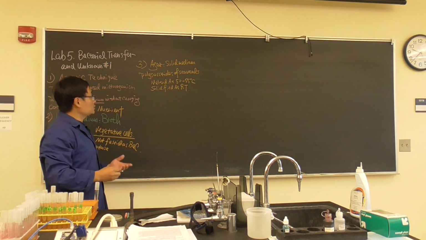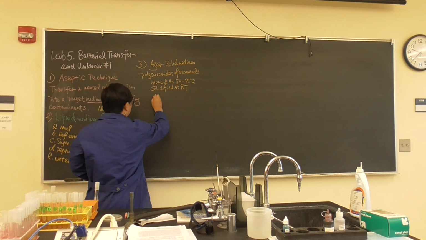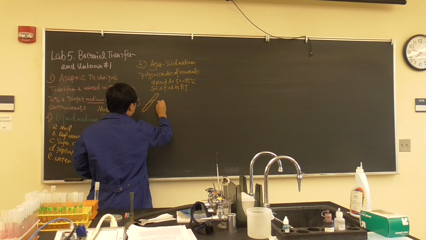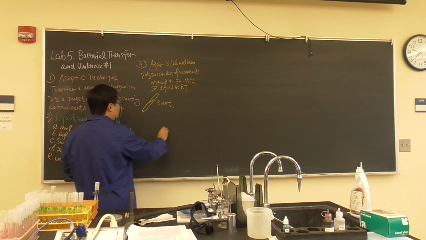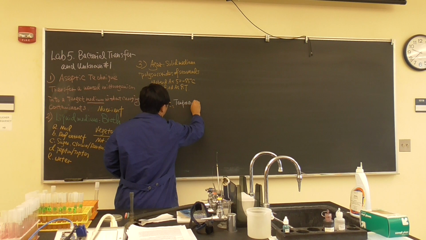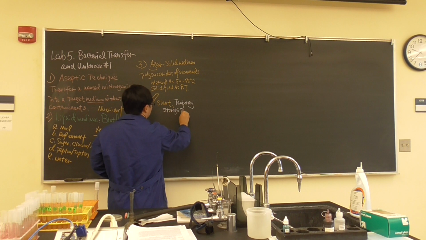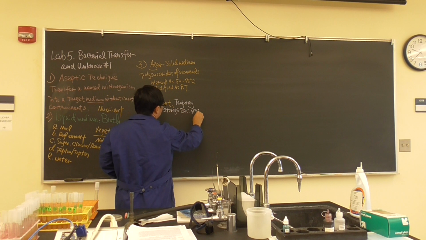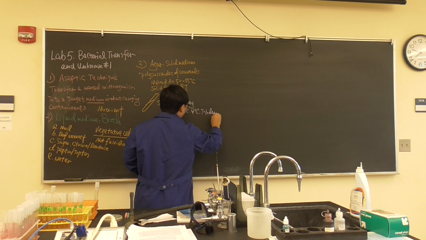Basically there are two types of agar we're going to use in the lab. One of them is in a tube, and this is called a slant. A slant is for temporary storage of bacteria, usually at 4 degrees Celsius for about 7 to 10 days, just a temporary period.